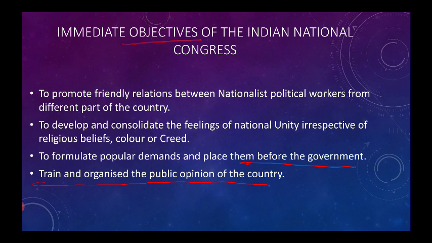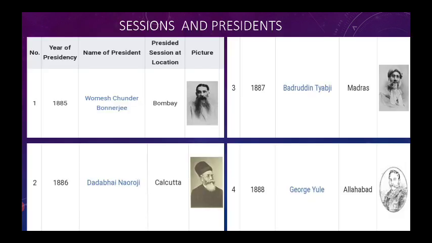And the second session of the Congress was held at Calcutta in 1886 under the presidency of Dadabhai Naoroji. The third session was held at Madras under the presidency of Badruddin Tyabji in 1887. The fourth session was held at Allahabad with the presidency of George Yule in 1888.